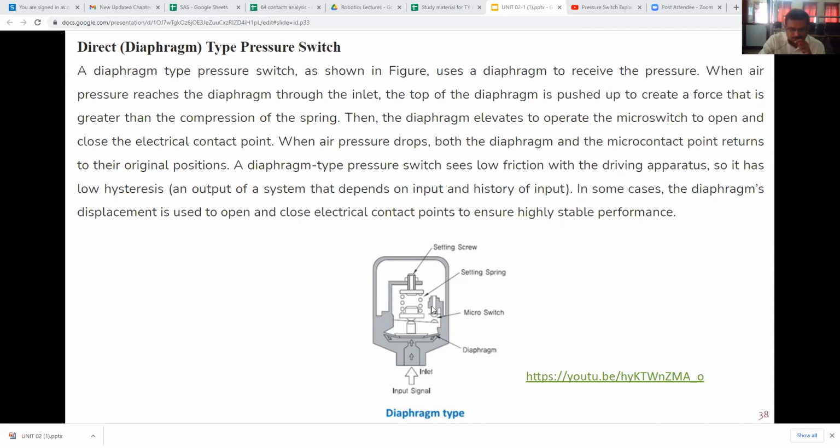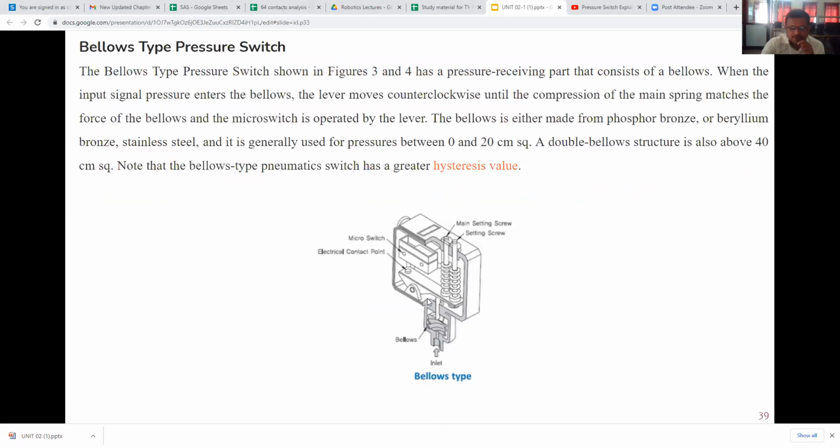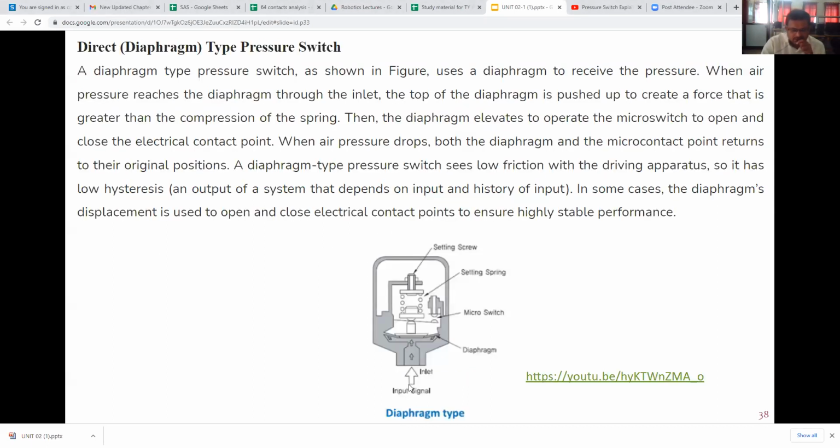Therefore, I will explain this figure now. See that here inlet pressure is there. Now this is the diaphragm. Now when the pressure will increase, what will happen? This diaphragm will be having some concave shape, and that shape will be turned into convex shape, so that this plate will be raised.